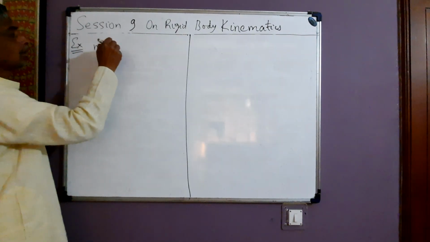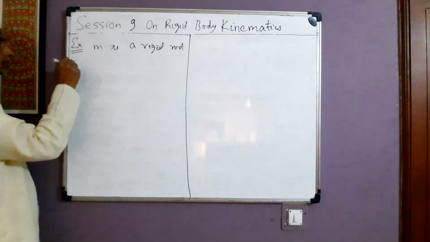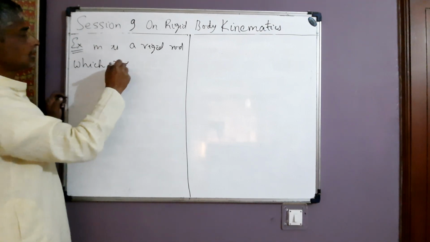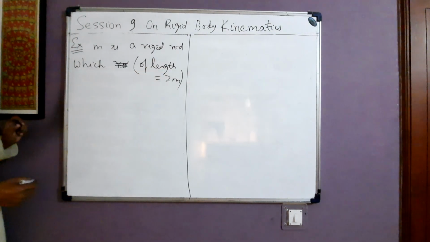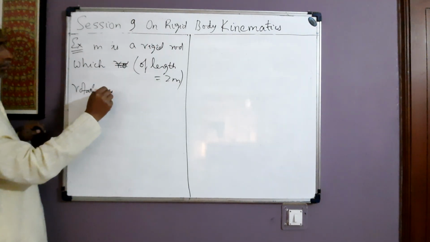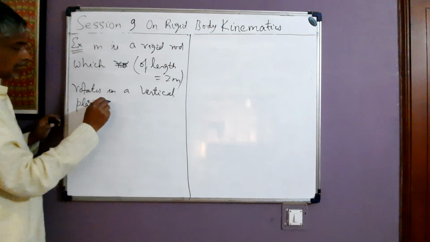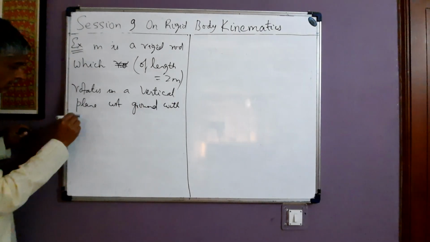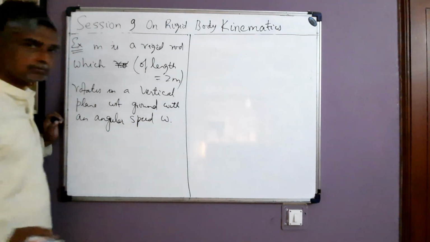M is a rigid rod of length 2 meter which rotates in a vertical plane with respect to ground with an angular speed omega.